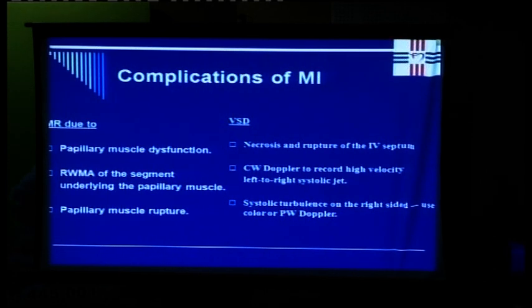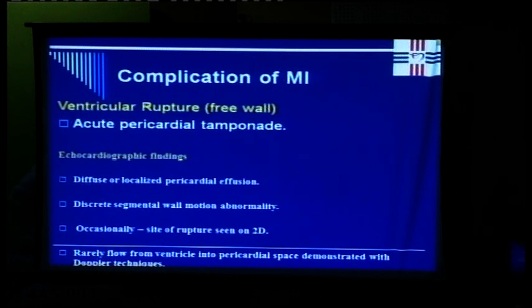It is either MR or a VSD, and prognosis is very bad. If the patient suddenly collapses after a few hours of chest pain, especially after giving thrombolysis, you must do an ultrasound immediately and look for development of ventricular free wall rupture and hence development of acute cardiac tamponade.